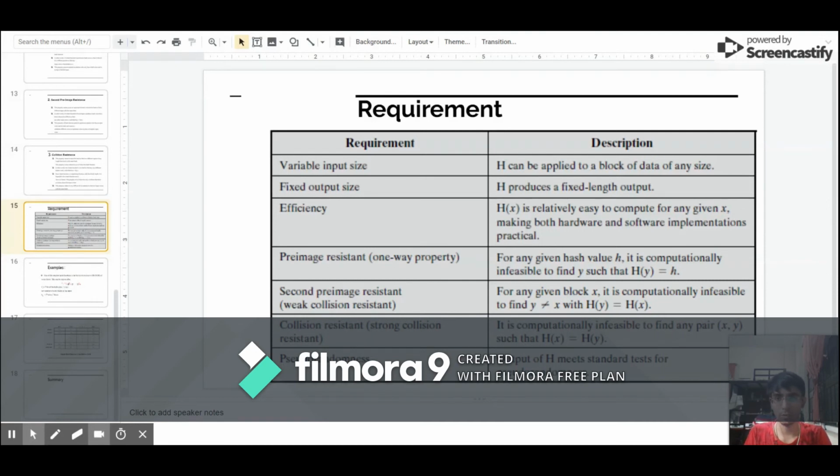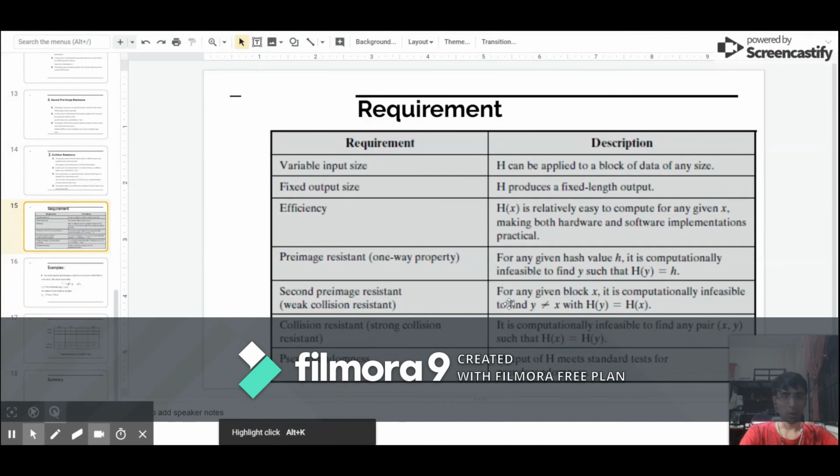And the three properties, pre-image resistant, second pre-image resistant, and collision resistant, should also be satisfied by that function. For any given hash value, it is computationally infeasible to find any y such that h of y equals h. Means if we are given the hash code, we should not be able to find the input from that hash code.